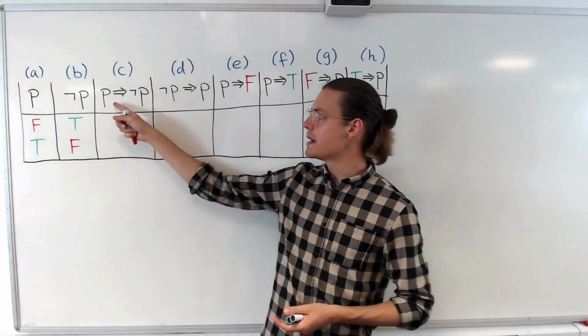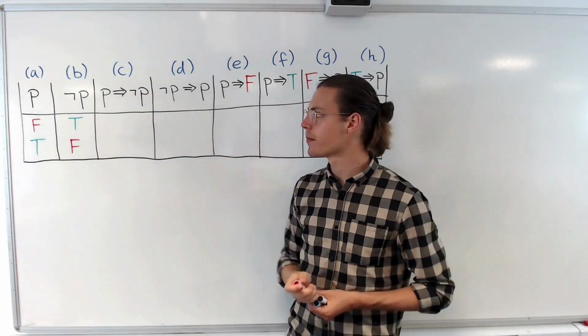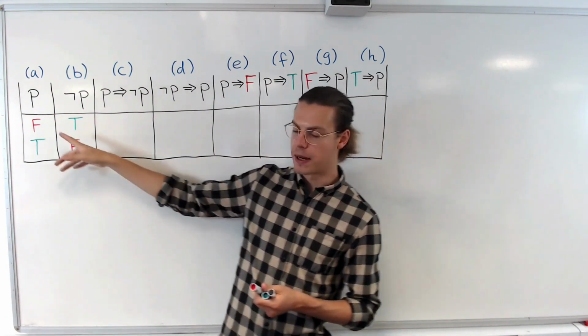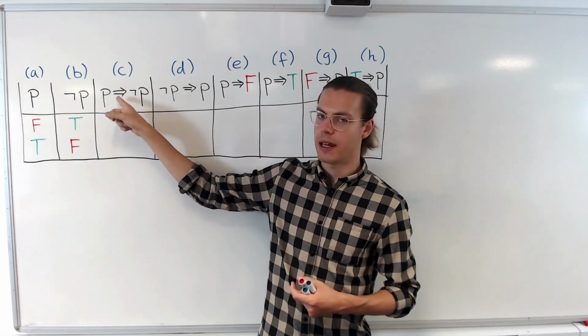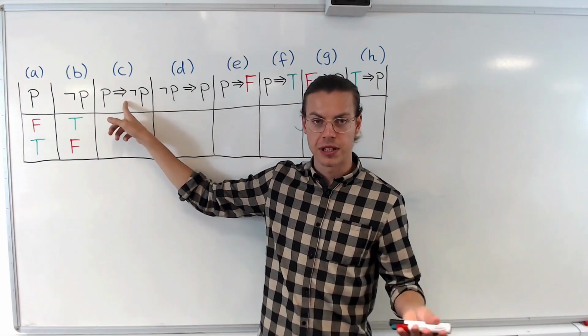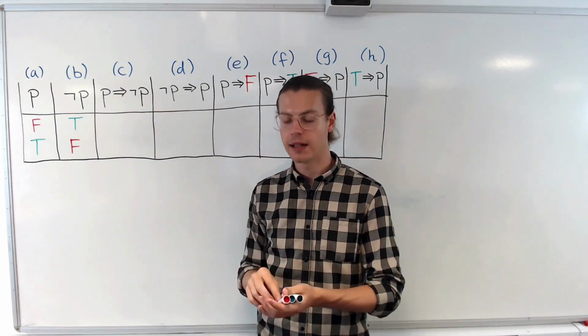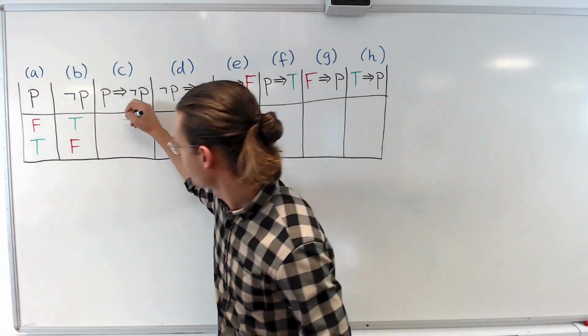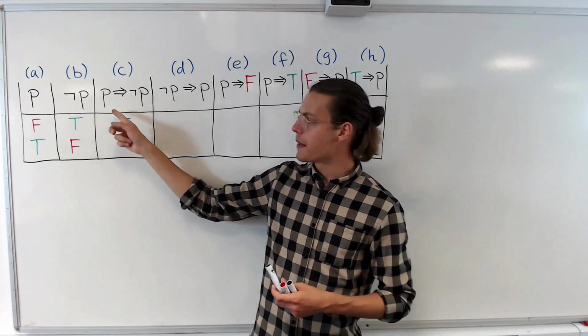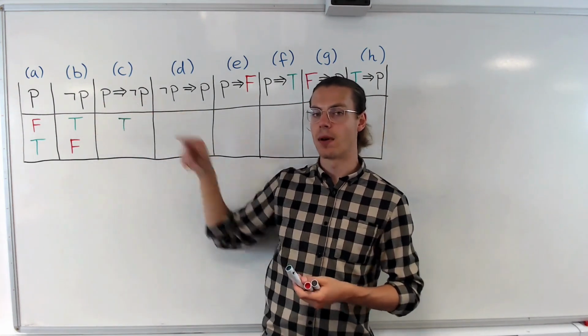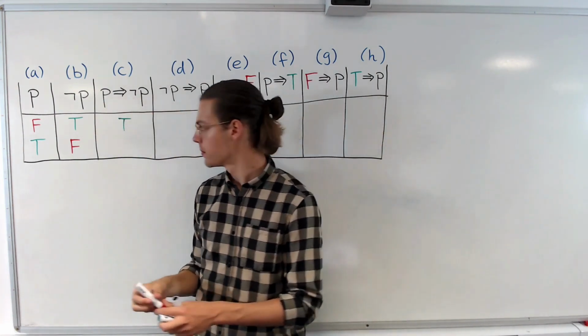Next up, P implies not P. Okay, so first let's think about when P is false. Well, then we'll have false implies true, which is true. False implies anything is always true. If P is true, then we get true implies false, which is false.